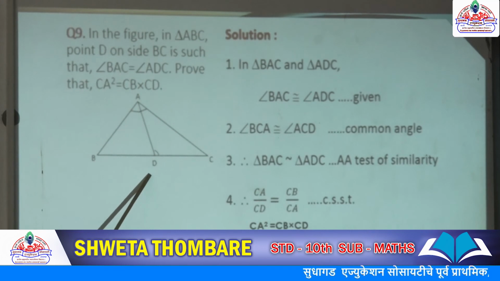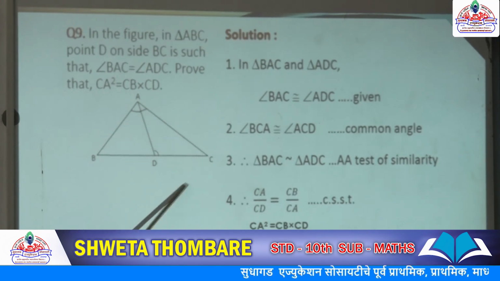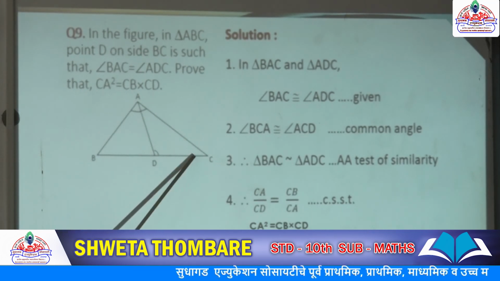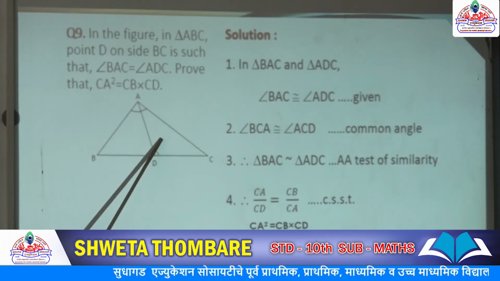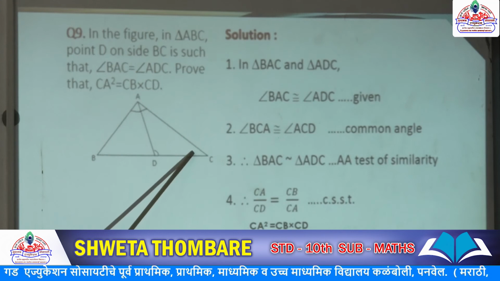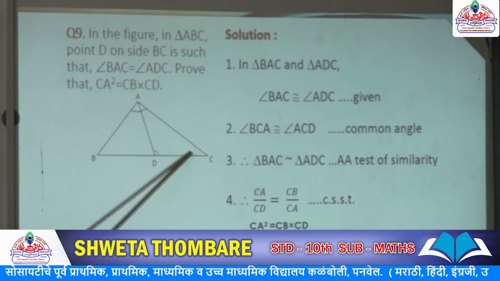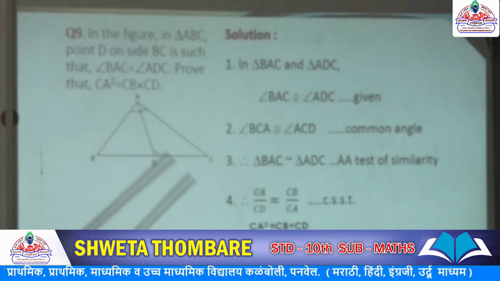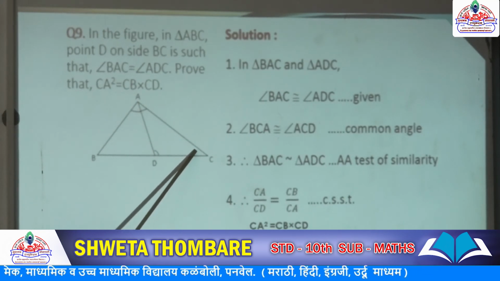See the figure carefully. In this bigger triangle, angle C is there, and in this smaller triangle, triangle ADC, there is also angle C. That means angle C is common in both the triangles, and we know that a common angle is always congruent.